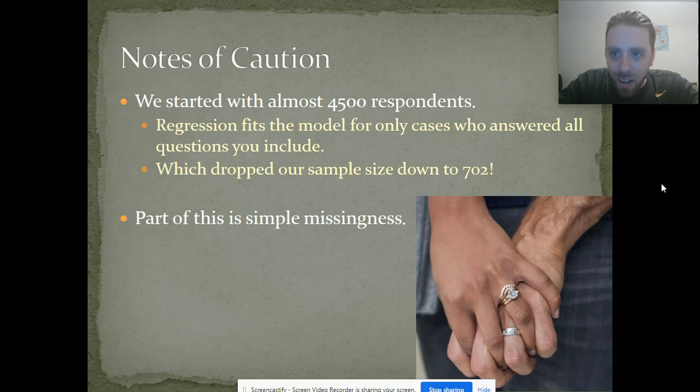But be aware that each time you put a new X into the model, it will estimate the coefficients only for the cases that have no missing data across all of the variables that you've included.